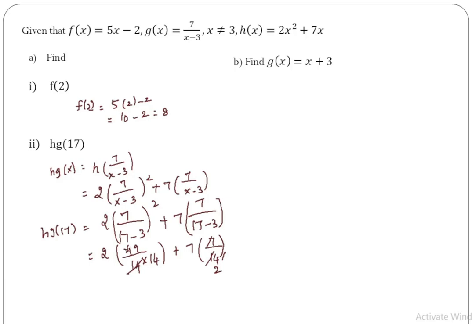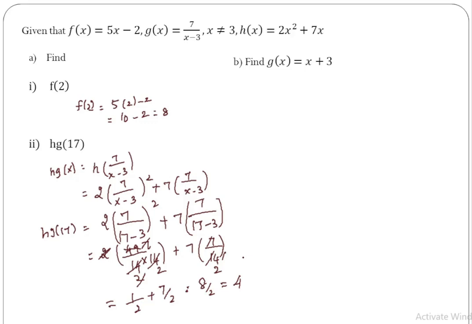Then this 14 and this cancel each other. This and this cancel each other too. So this also 2. So 2 and 2 cancel each other. So we have 1 over 2 plus 7 over 2 equal to 8 over 2 equal to 4. So hg of 17 equals 4.